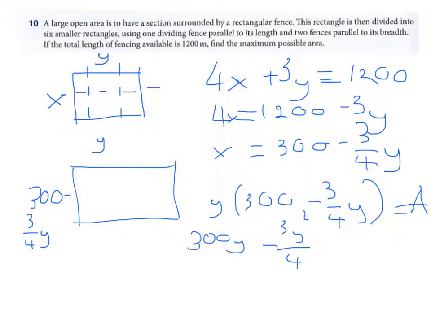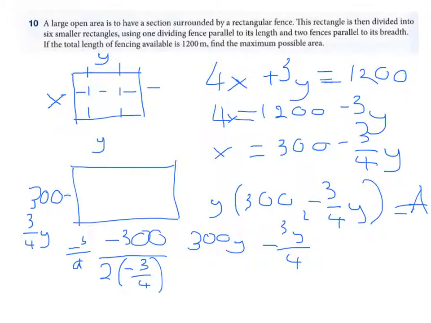And what we're going to do, we're going to find the middle point, so we're going to use minus b on 2a, which we know from here will be minus 300 on 2 times negative 3/4.